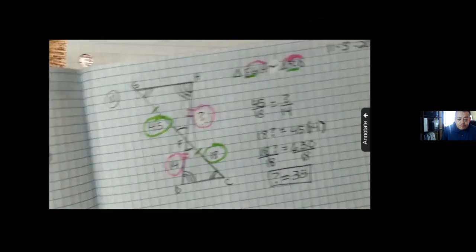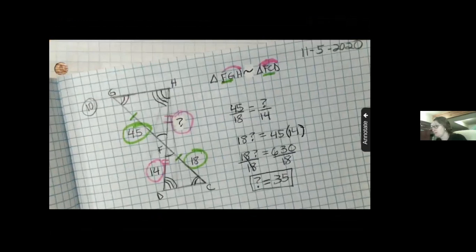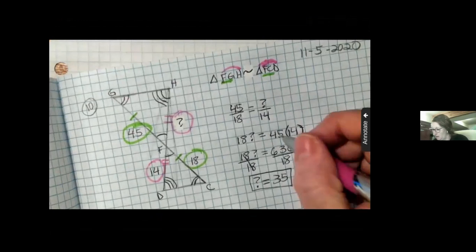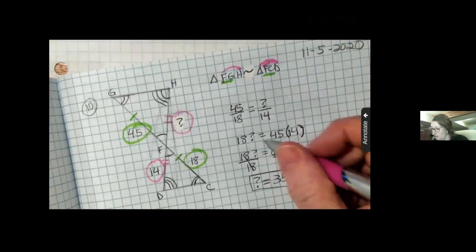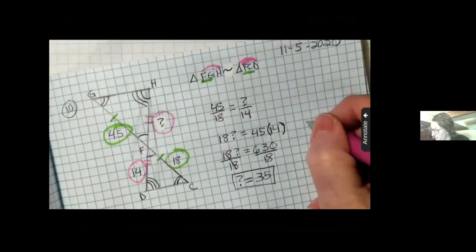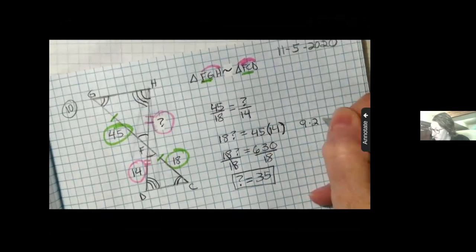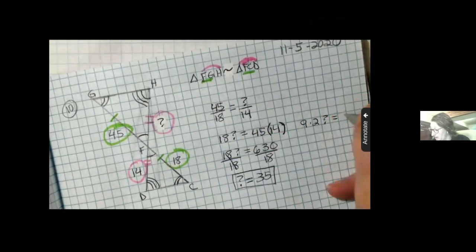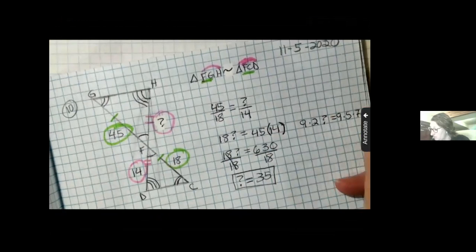So what he's saying is you would have to decide what common things are here. Let me show you what he's talking about. 18 is 9 times 2, times the question mark, equals what makes 45? Well, there's 9 times 5, and 7 times 2.